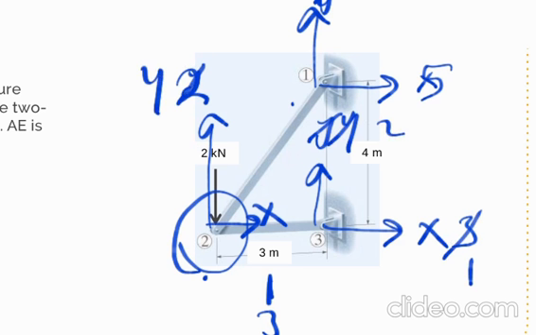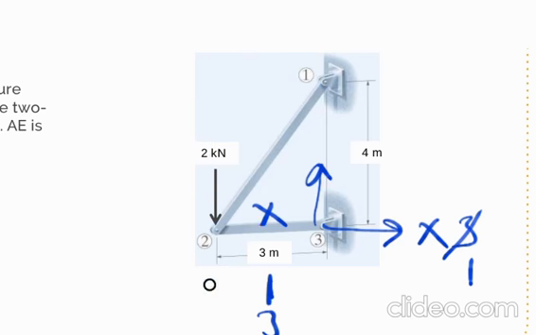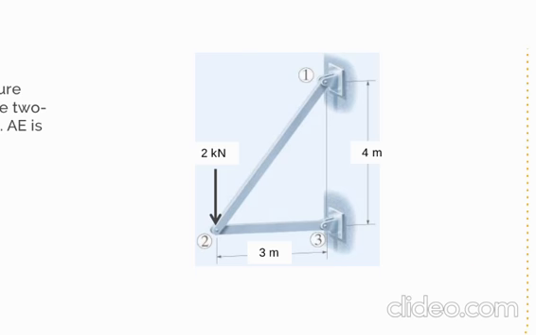But to make it easy, as you see in this figure, joint number 1 and joint number 3 are fixed, so the displacement is 0. And we also have an applied load at joint number 2.